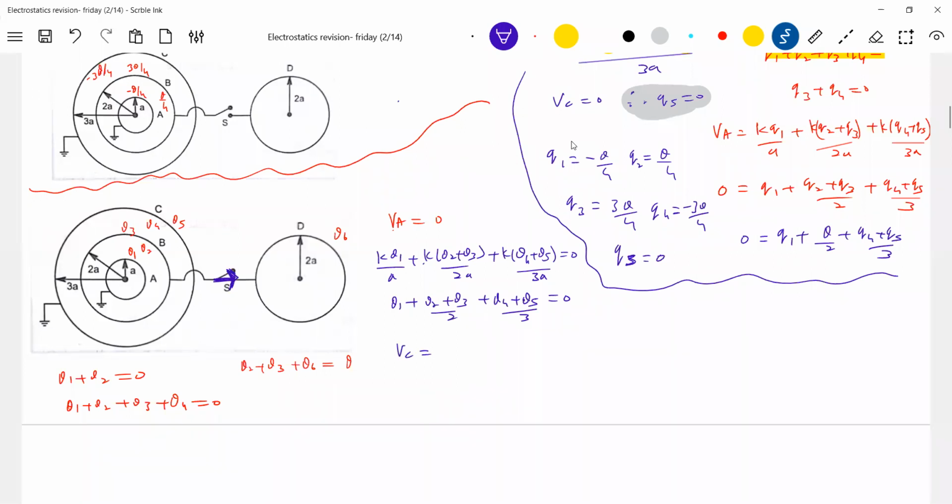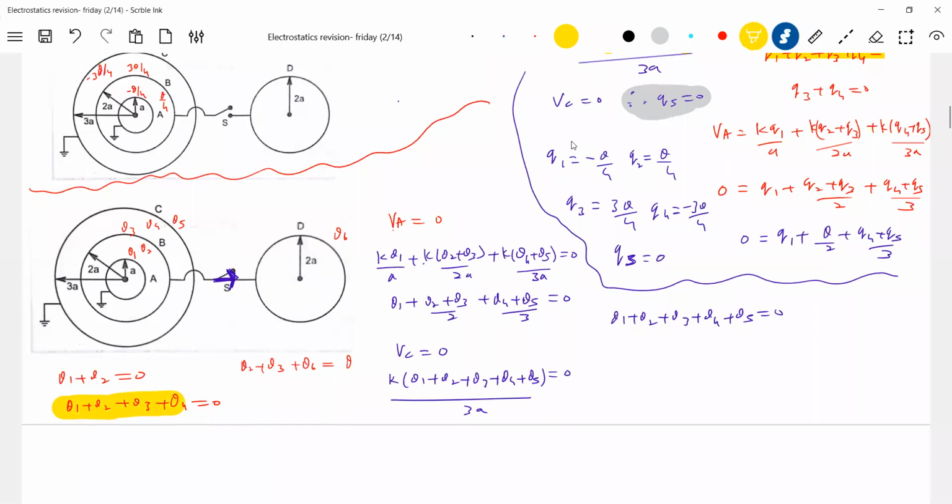Now the potential of shell C should be 0. So it should directly be K times Q1 plus Q2 plus Q3 plus Q4 plus Q5 by 3A. As Q1 plus Q2 plus Q3 plus Q4 is 0, Q5 will be 0.